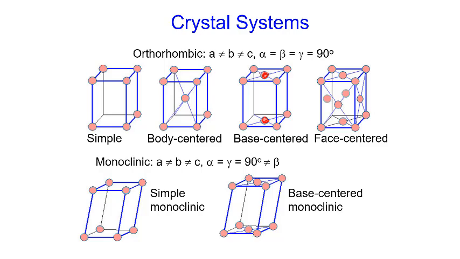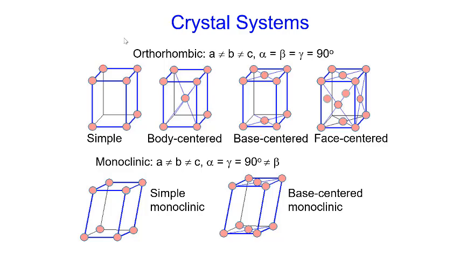Okay, and if that face is perpendicular to the C axis, then we call that C-centered, which is the case here, what you see on the screen. If it is perpendicular to the A axis, we can also call that the X axis, then it will be A-centered. Similarly, if it is perpendicular to the B axis, we can call that B-centered.